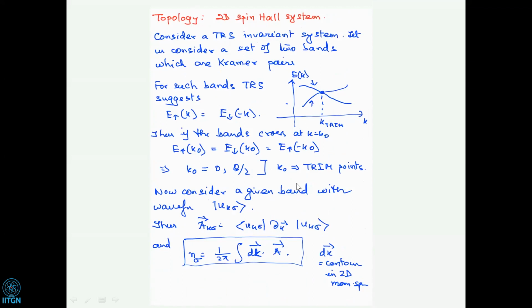If you take the integral of this over some reasonable momentum contour, you get a number which is the Chern number corresponding to the band. This is indeed what we have discussed before. So corresponding to each band, I can have a Chern number. If the band is completely topologically trivial, this Chern number would be 0. If it is topologically non-trivial, this could be some number.